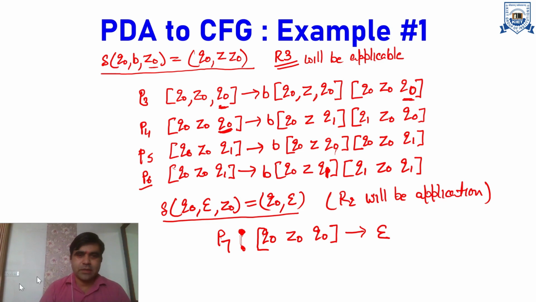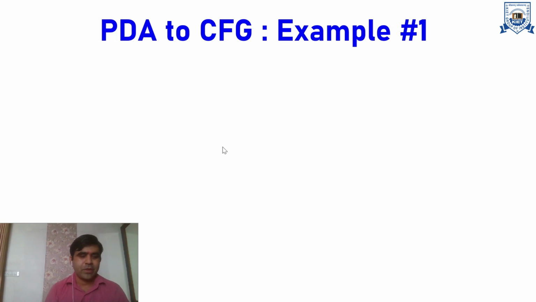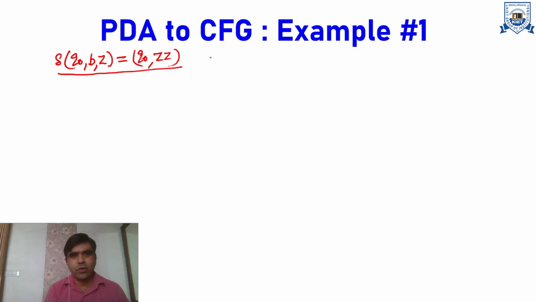So let us take another transition of your push down automata and write down the equivalent grammar production rules. So the next transition of our automata is delta of Q naught, B and Z is equal to, again we have Q naught, Z and Z. So if you can see, it is again a case of R3.